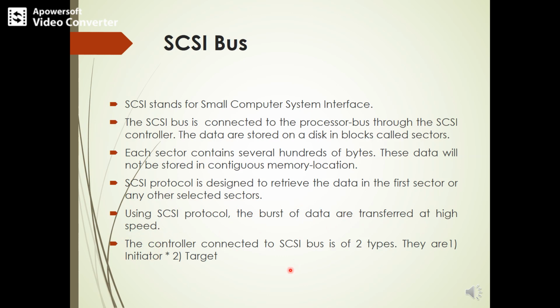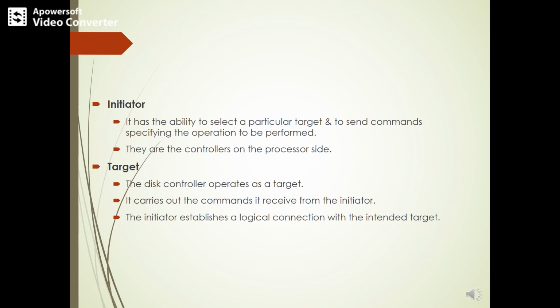The controllers connected to the SCSI bus are of two types. The first one is the initiator, the other is called the target. First, let's see the meaning of an initiator. The initiator has the ability to select a particular target and to send commands specifying the operations to be performed.